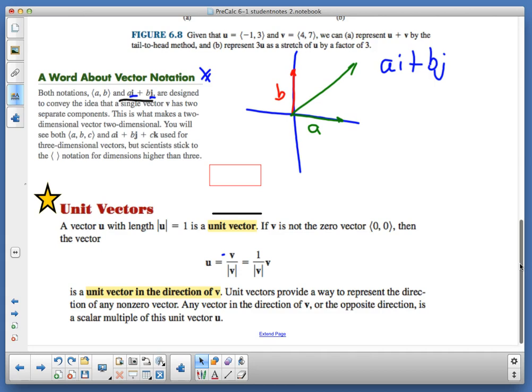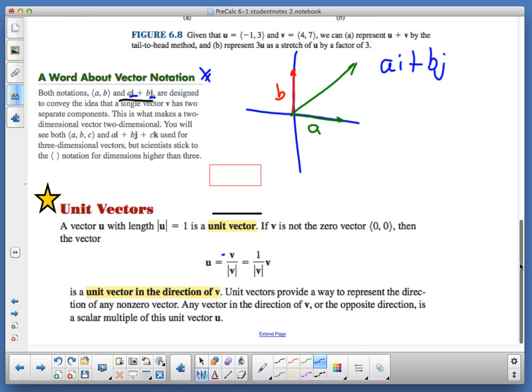Going back to how we found that square root of 8, we're going to divide our vector by the square root of 8, and then demonstrate that the result is actually 1 by finding the magnitude of the result.